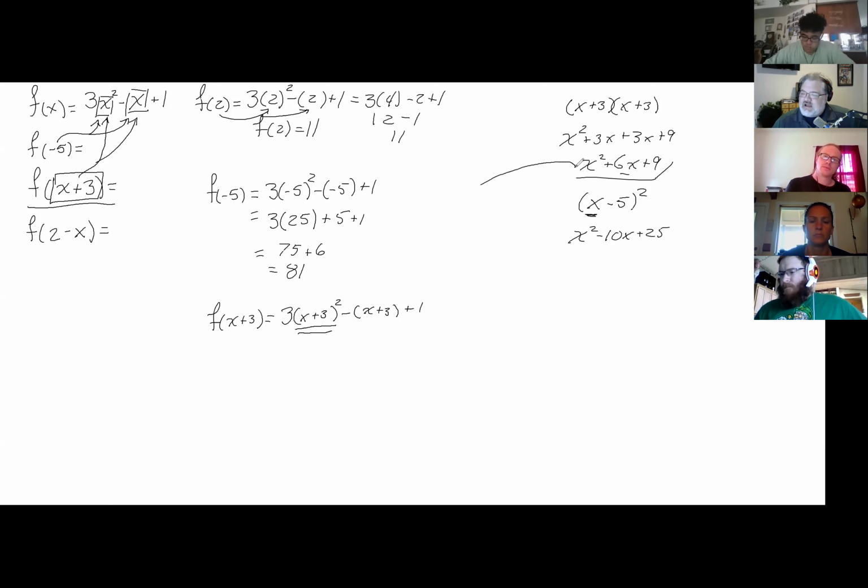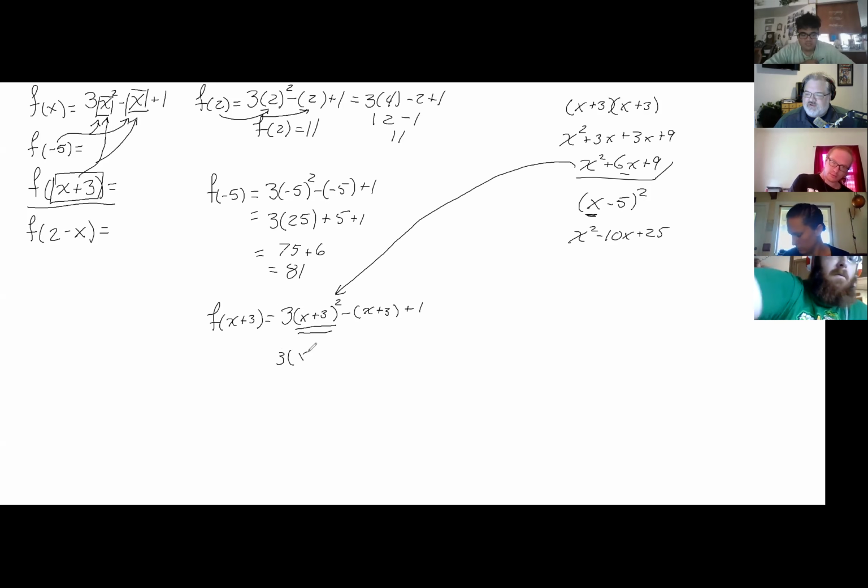But for now, we're going to take that x squared plus 6x plus 9 and put it back into here. So 3 times this x plus 3 quantity squared becomes x squared plus 6x plus 9, minus x minus 3. Make sure we distribute that negative. That's what the parentheses help us remember.